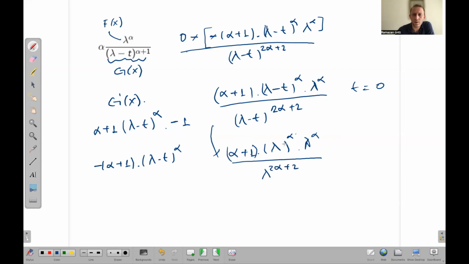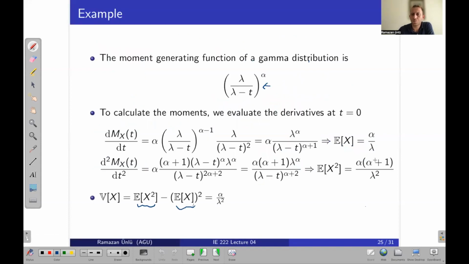Okay, so these two will cancel with this one, and I will end up with alpha plus 1 divided by lambda squared, but I have one alpha here, right? One alpha here. Alpha times alpha plus 1 divided by lambda squared. Okay, so that is the second moment of the gamma distribution. And if we put what we found here, we will get alpha over lambda squared.